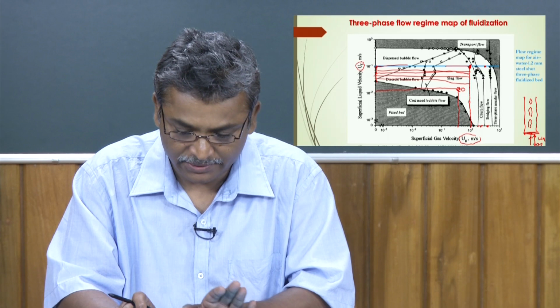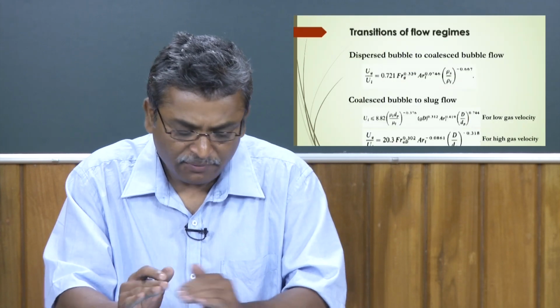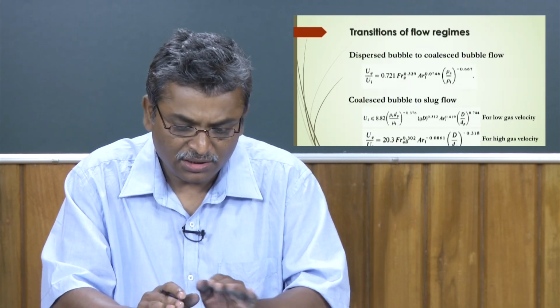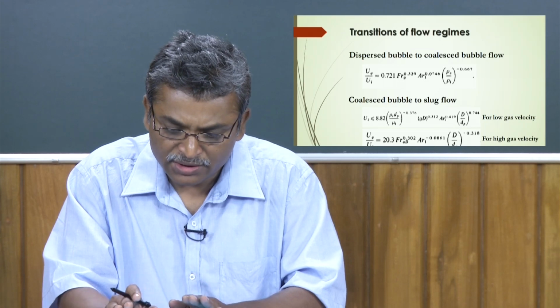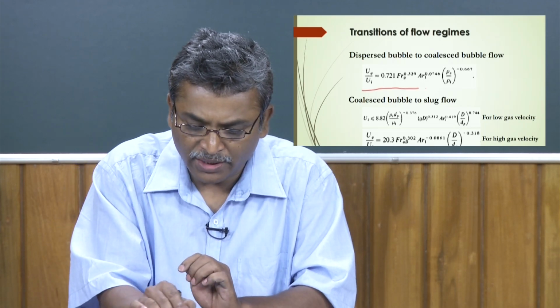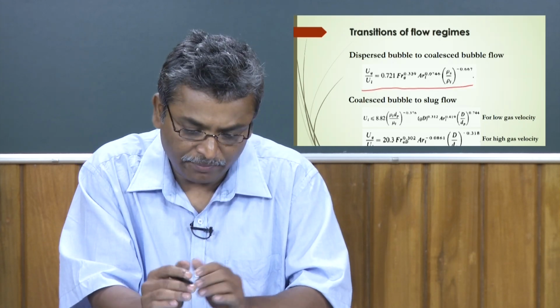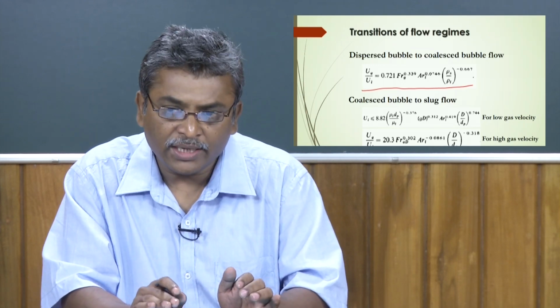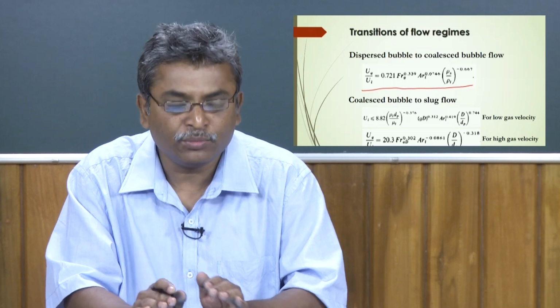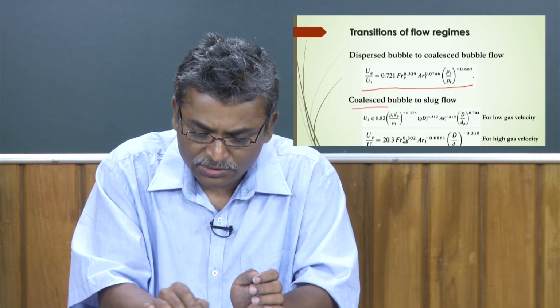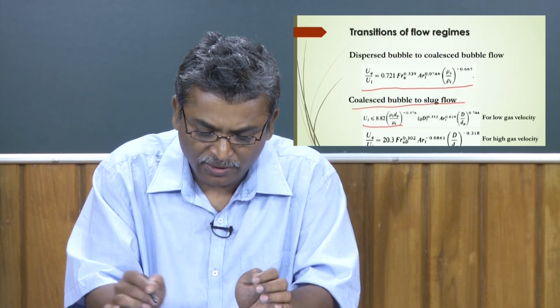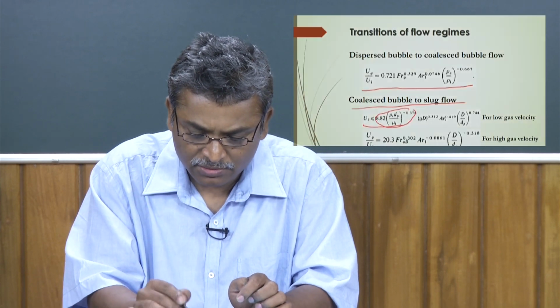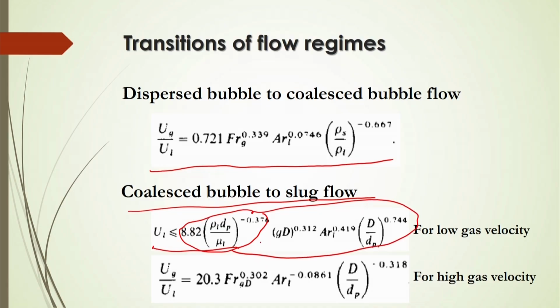Now, what are the different transitions? Of course, for the transition from dispersed bubble to coalescence bubble flow, these correlations will be helpful to calculate the transition, or you can say the boundary, at which gas or liquid velocity is to be maintained. And for coalescence to slug flow, of course, the liquid velocity should be less than this correlation, whatever it is.